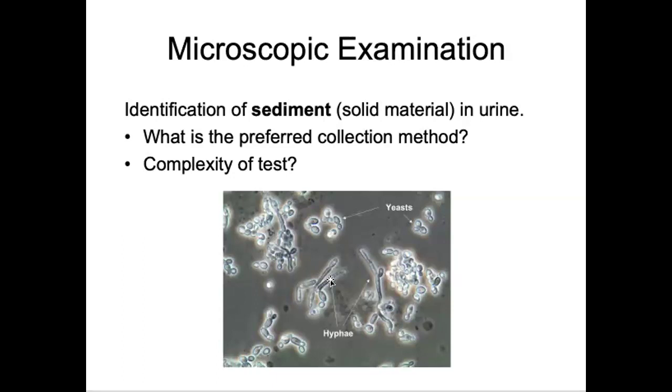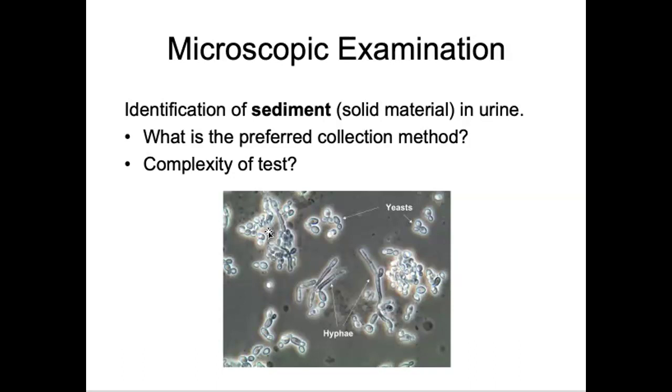So that could be something like maybe some toilet paper that was in the pee if they didn't clean well enough. Maybe some of the epithelial cells, which you could think about as skin cells inside the body, as well as some skin cells outside the body. Or some of those cells that are lining the urinary tract, that happens too. Those can indicate something, but that's not really the issue here.